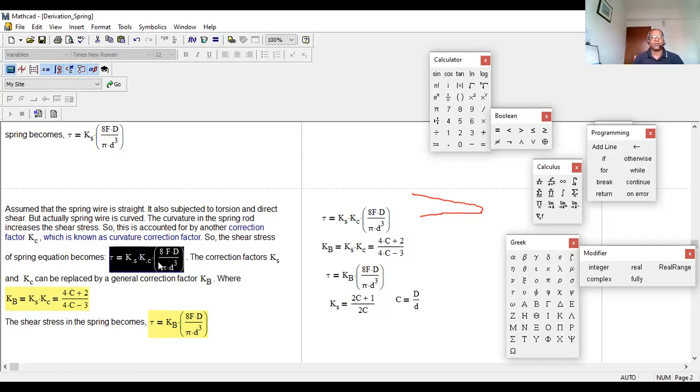This is our formula. Now there are two constants, Ks and Kc. We can combine these two into a single constant, Kb.